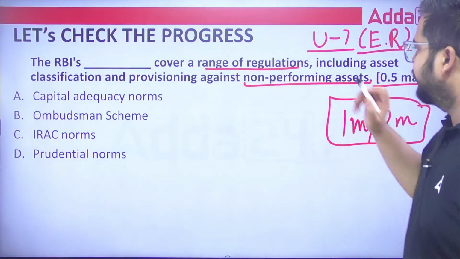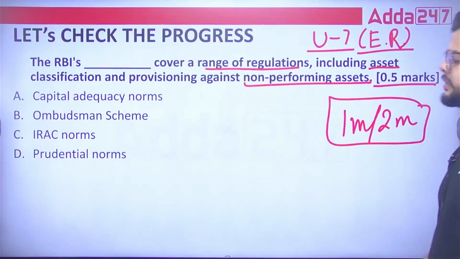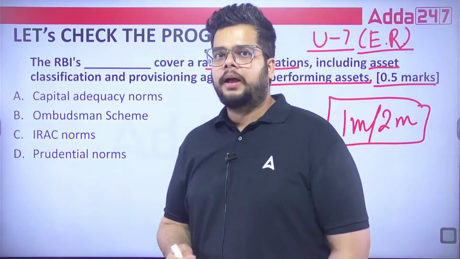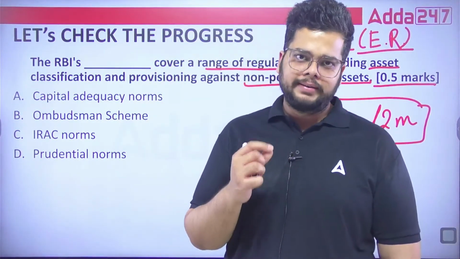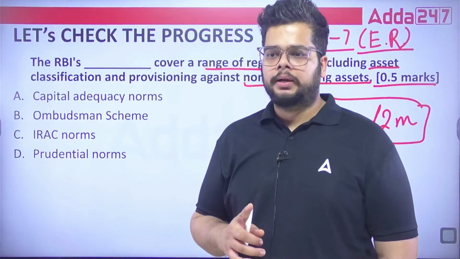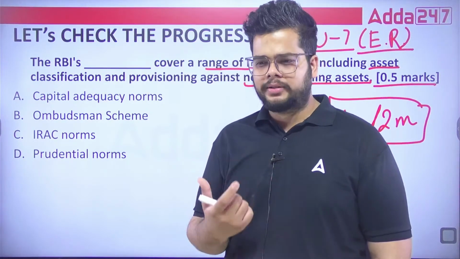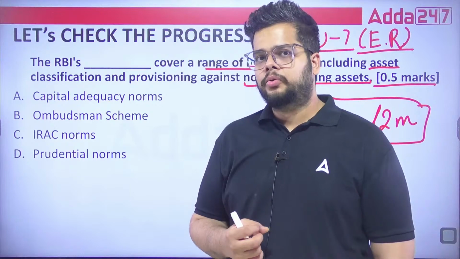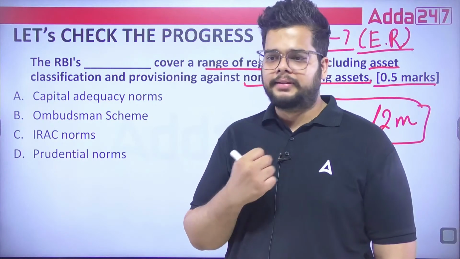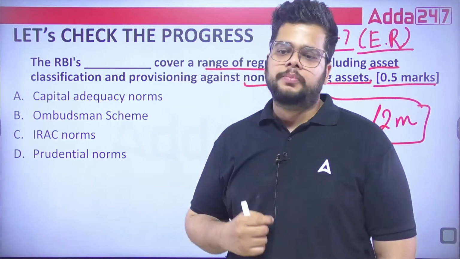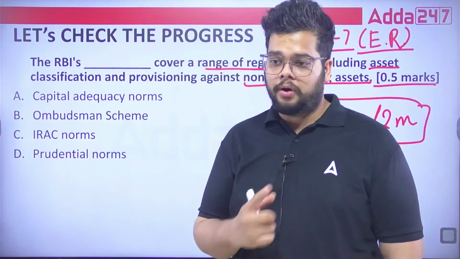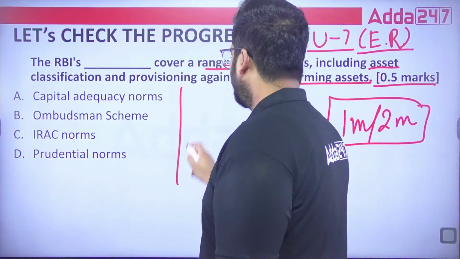Range of regulations, your asset classification. As soon as the Reserve Bank of India is involved, and you see the keyword asset classification, only one concept should be in your mind, that is prudential norms.